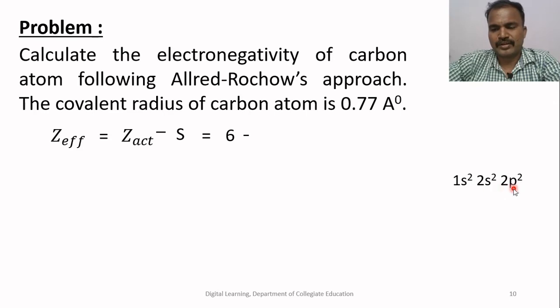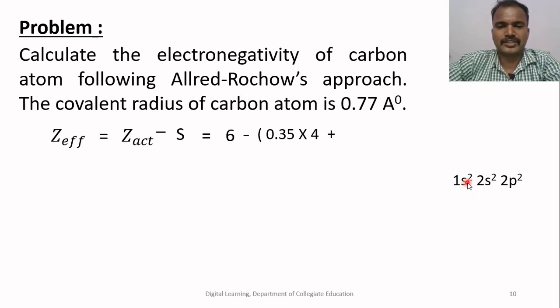The 4 electrons which are present in the second energy level experience a shielding constant of 0.35, so it is 0.35 into 4 electrons, plus the 2 electrons which are present in the 1s2 atomic orbital experience a different shielding constant. It is 0.85 into 2 electrons. On simplification, you will get the effective nuclear charge value as 2.90.